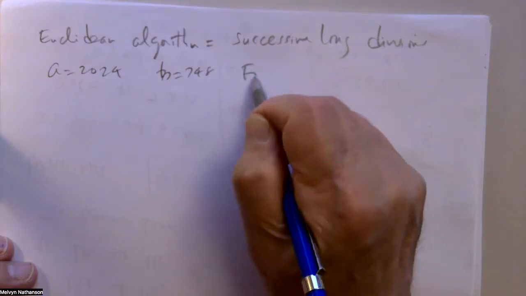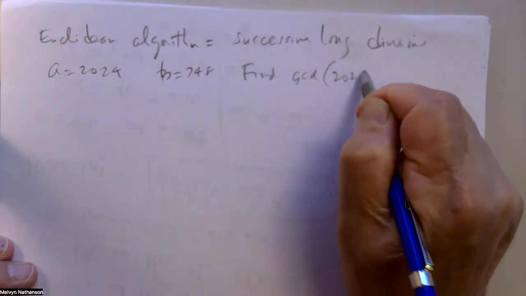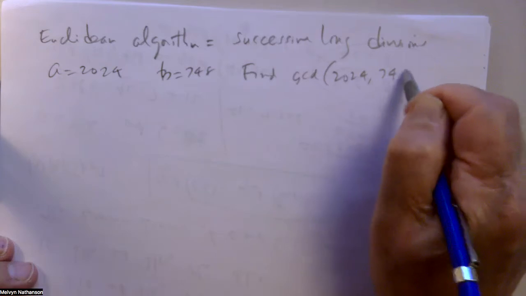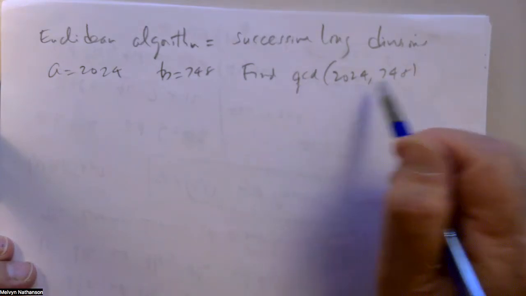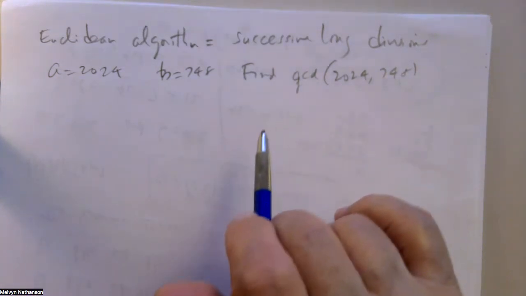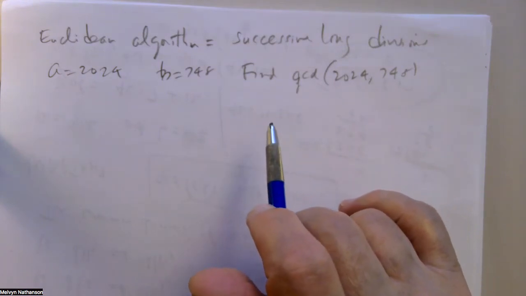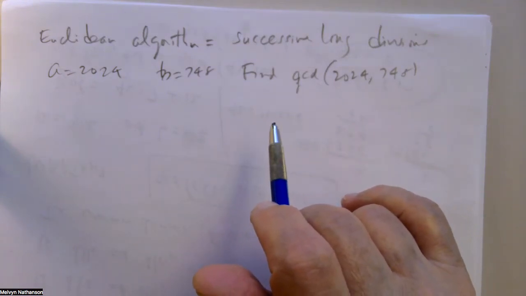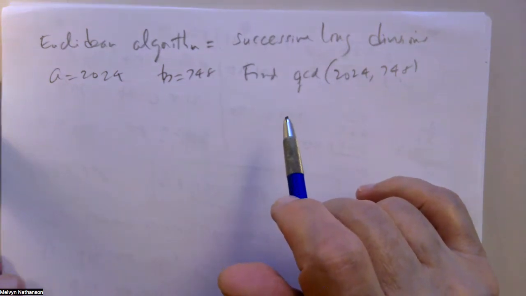The problem is to find the GCD of 2024 and 748, and not by listing, as we did earlier, every divisor of each of these two integers and looking for the biggest one, which is very expensive in terms of time. Let's find a better way.